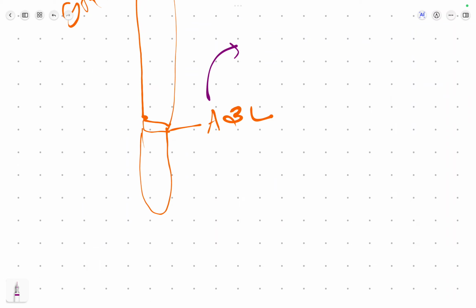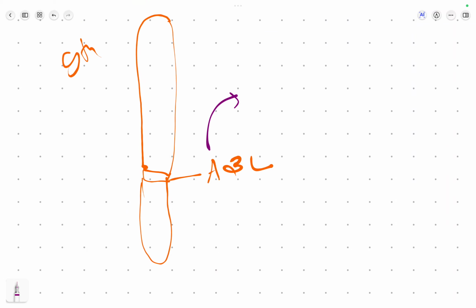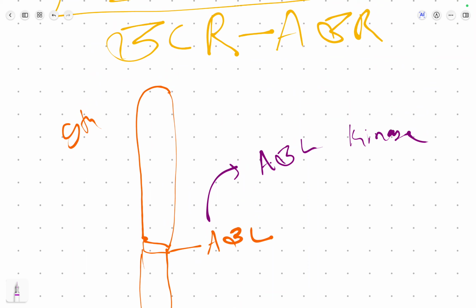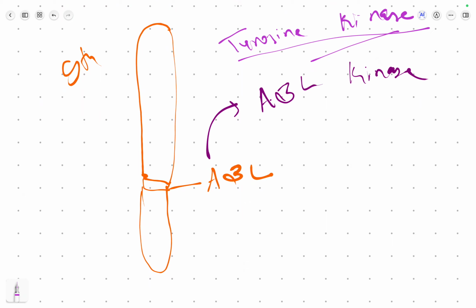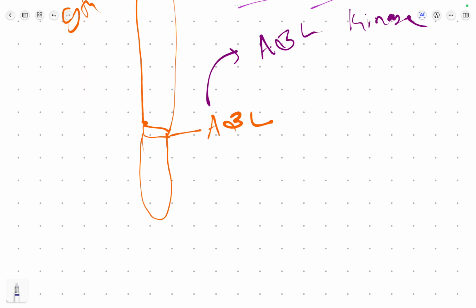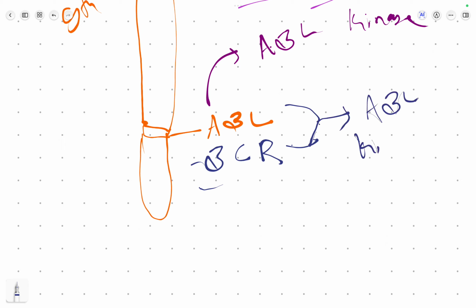So the ABL gene is responsible for making ABL kinase, that is tyrosine kinase. So what happened? As the ABL gene binds with the BCR gene, by an unknown way, this starts to make a lot of ABL kinase.